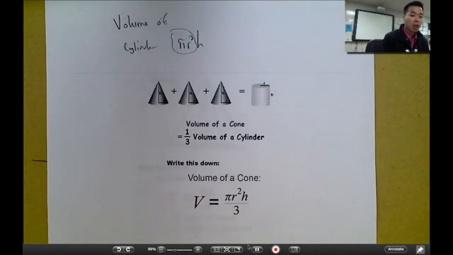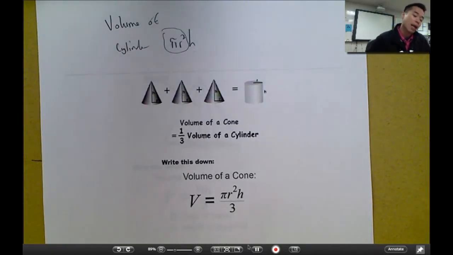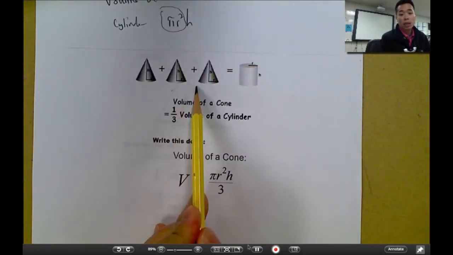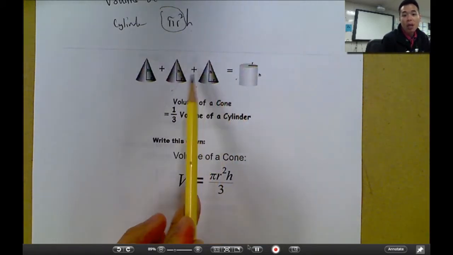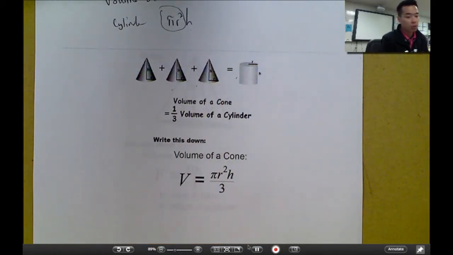The cool thing about a cone that I'm going to demonstrate later in class is if a cone and a cylinder have the same base or the same radius, then it is by definition very similar, and actually 3 cones can fit within one cylinder if they have the same circumference and area. It's pretty cool how it works.